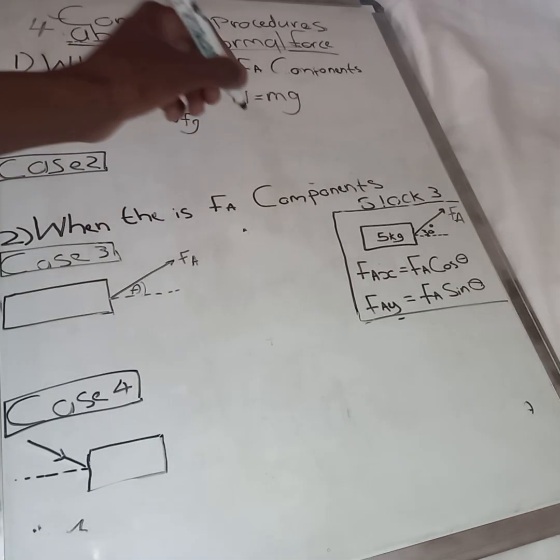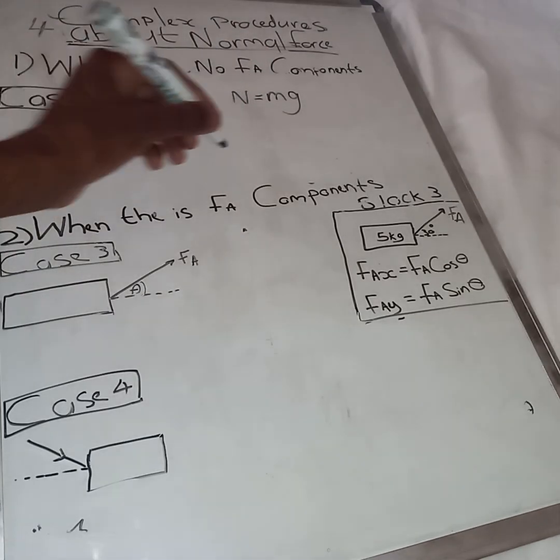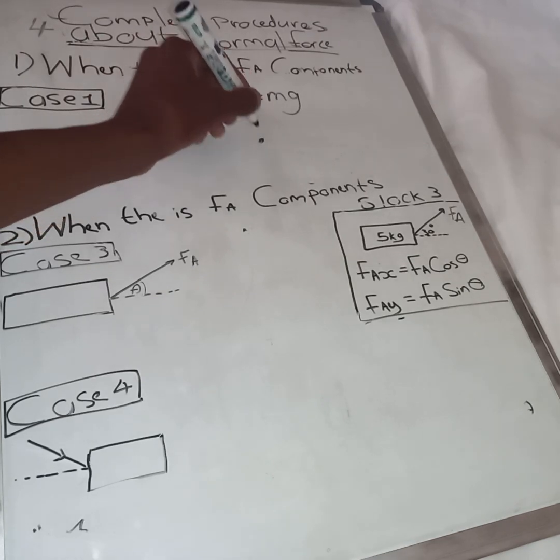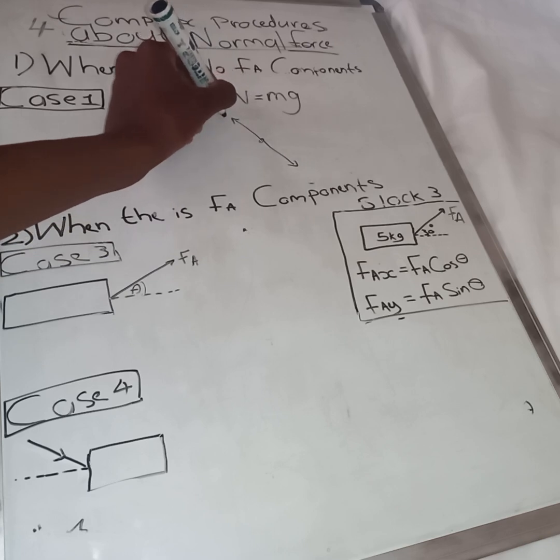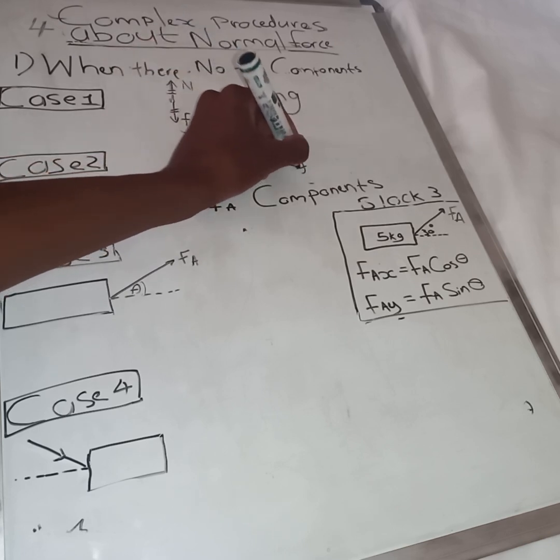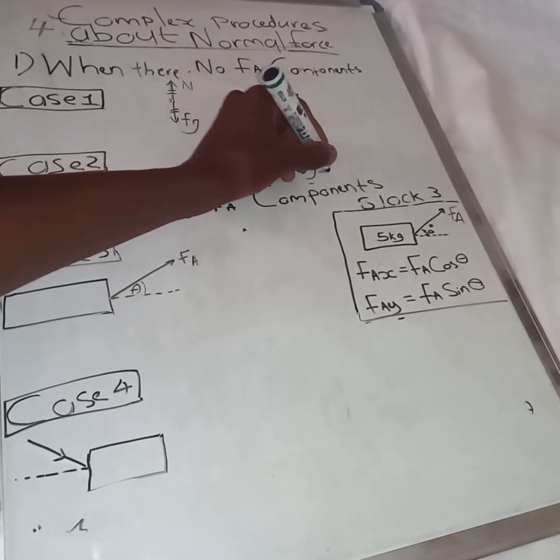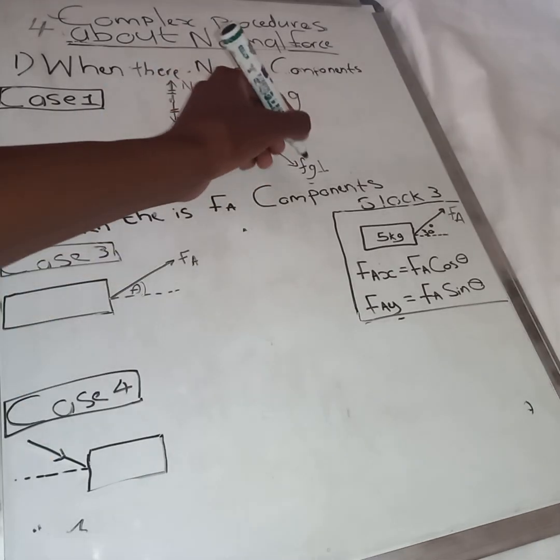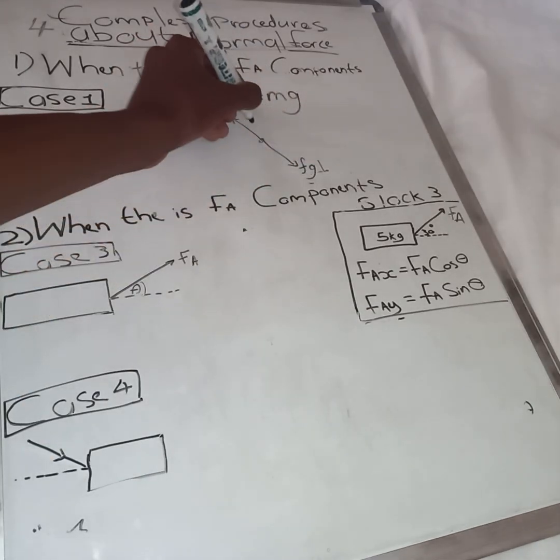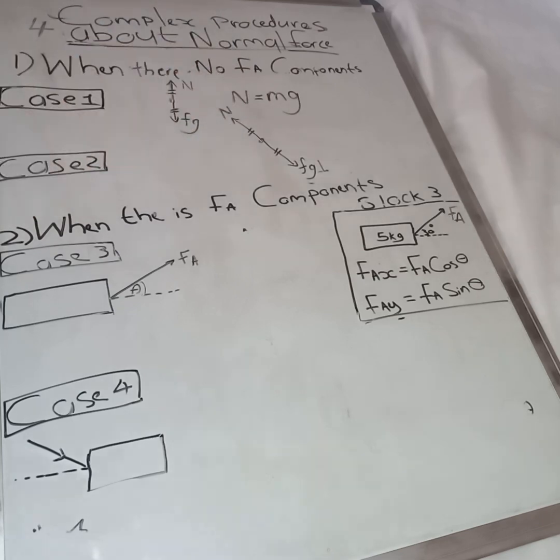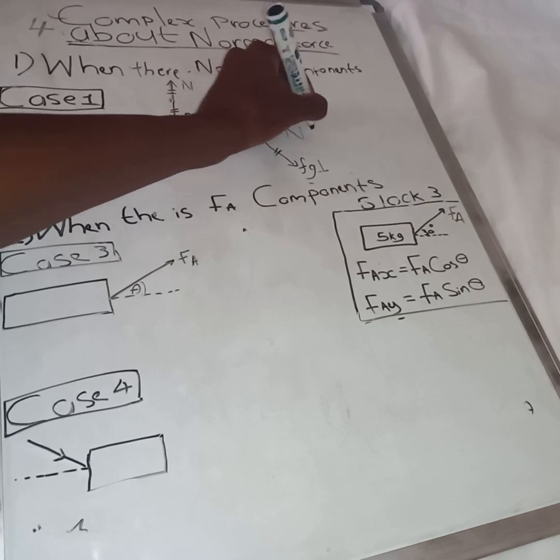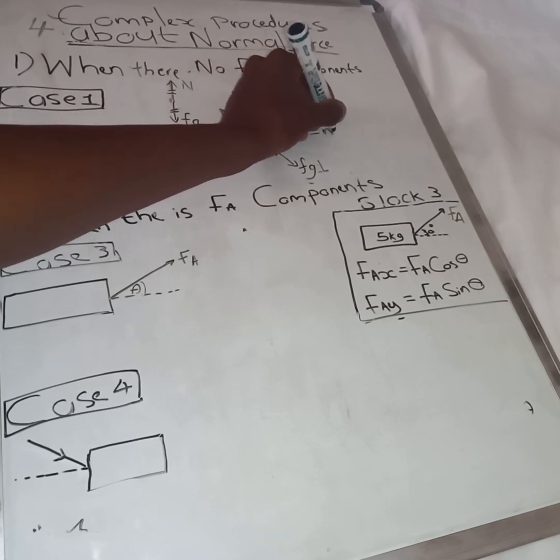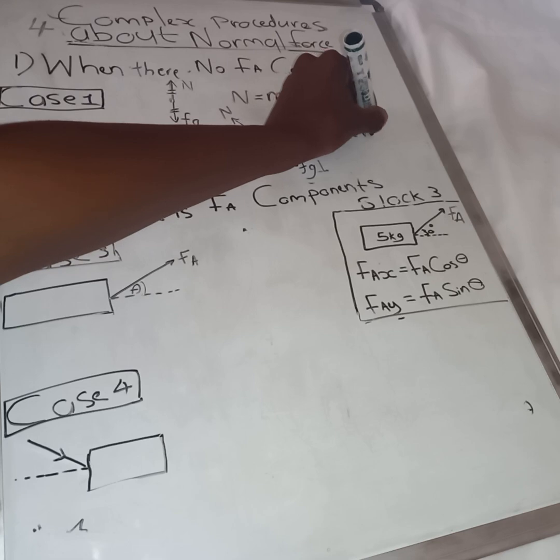Inclined surface, case number 2. We have learned that on an inclined surface, normal force is equal to Fg perpendicular, but in a different direction. So normal force is equal to mg cos theta.